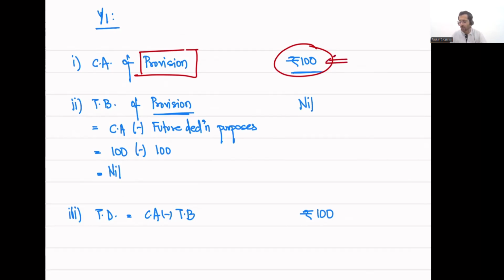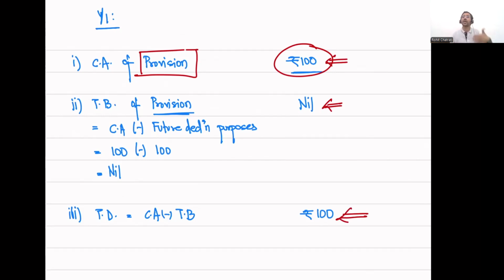Out of that outflow of 100 that I will have in future, 0 has been allowed as a deduction so far. Therefore, the amount that will be allowed as a deduction in future is equal to 100.